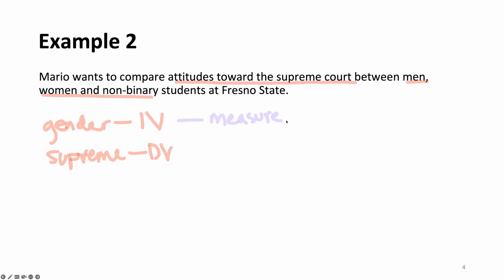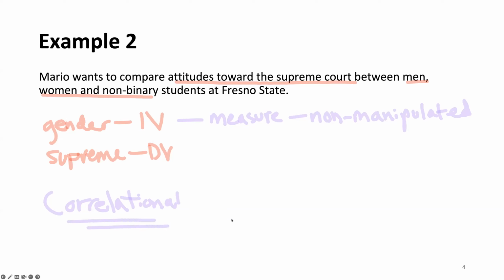So we're just measuring, so it's non-manipulated. This is called a non-manipulated independent variable. So already I know if I don't have a manipulated independent variable, this is a correlational study, because you have to have a manipulated independent variable for a quasi-experiment and a true experiment. So this is correlational.